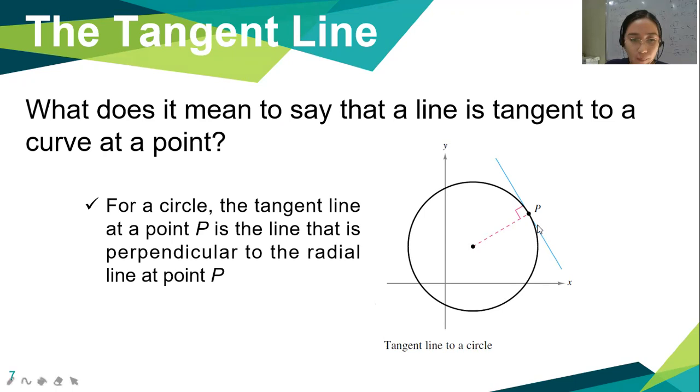For example, in this circle, the tangent line at point P is the line that is perpendicular, as shown in the figure, to the radial line at point P. So you can see there is a right angle here. So, we say that this line is tangent to the circle.